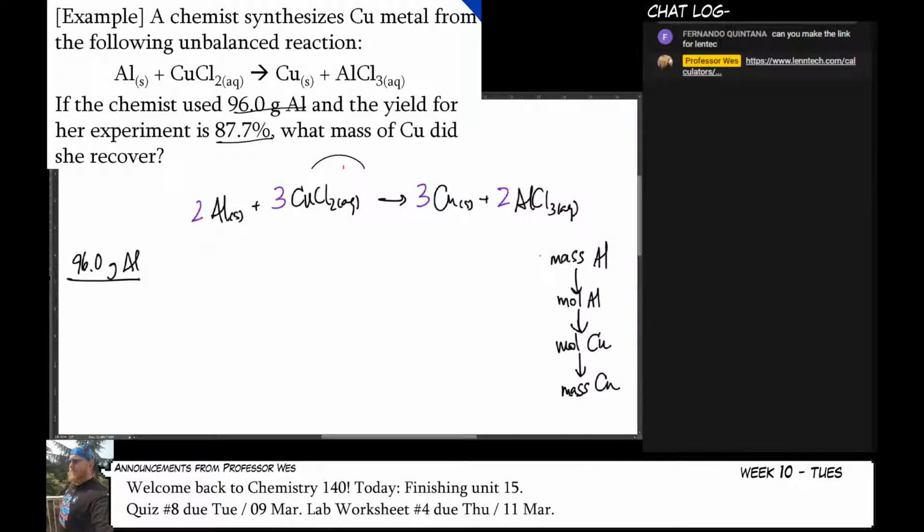All right, so let's look up the masses of these. So in a mole of aluminum, there are, where's my periodic table here? 26.982 grams. And in a mole of copper, there are 63.546 grams.